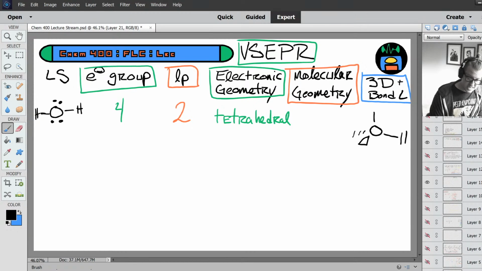You can put these anywhere you'd like. I'm going to put my 2 H's there and my lone pairs here and here. Now we know when we're trying to figure out our molecular geometry, we're only concerned with the shape the atoms make. All right? So we're going to take our electrons and just represent them as dots on our central atom.